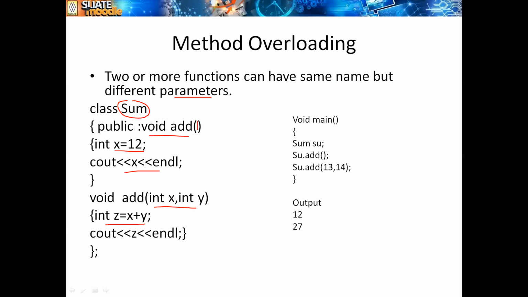In the small coding afterwards, su is the object. Su.add with no arguments passed means this method is called, and 12 is the output. Then add 13 and 14, meaning two arguments are passed and this method is called, and 27 is the output. This is method overloading.